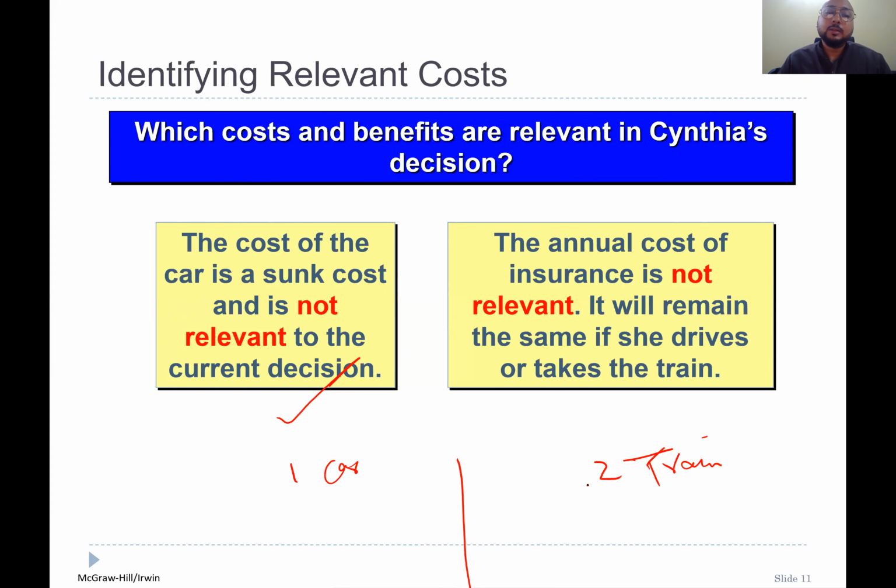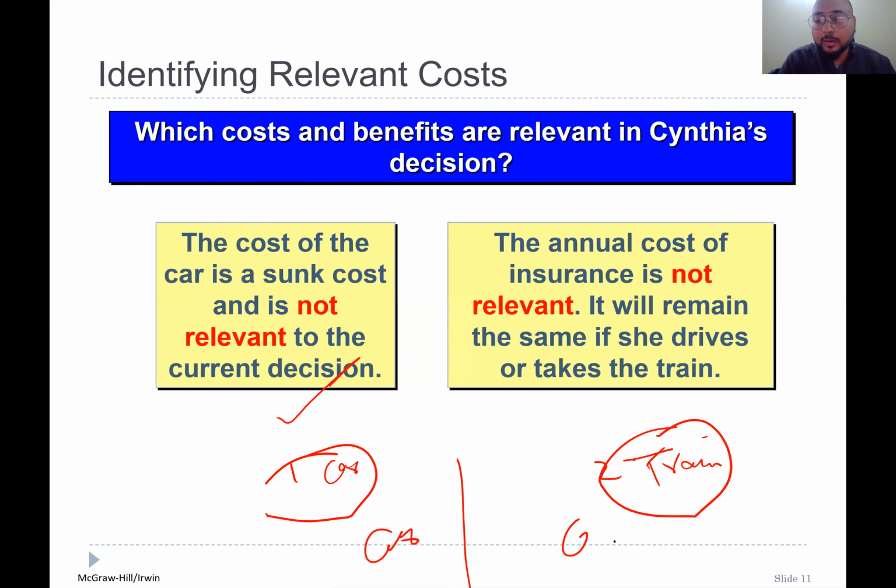So whether she opts for scenario 1 or scenario 2, the car is the same in both alternatives. The cost that differs between these two alternatives is called relevant. So this does not differ. She still has the car whether she goes by train or decides to go by car.